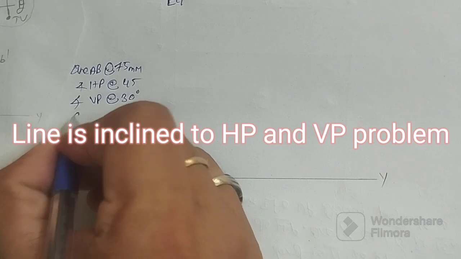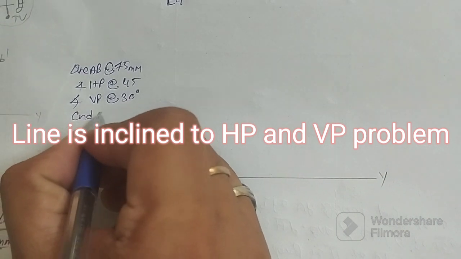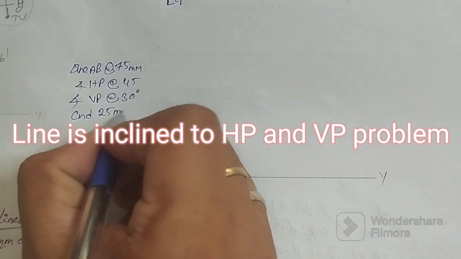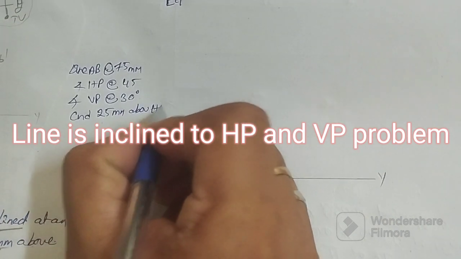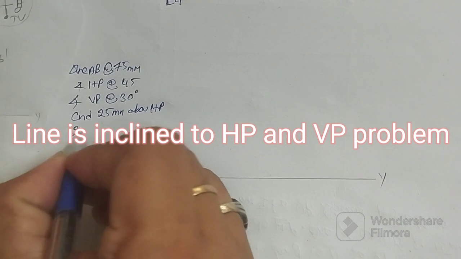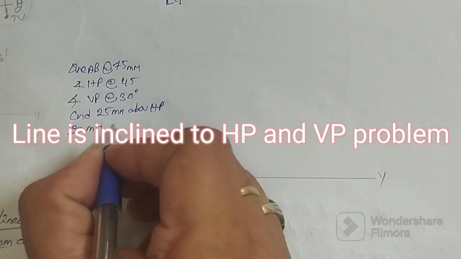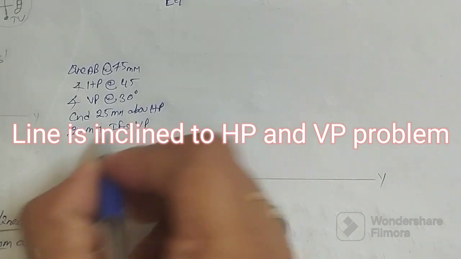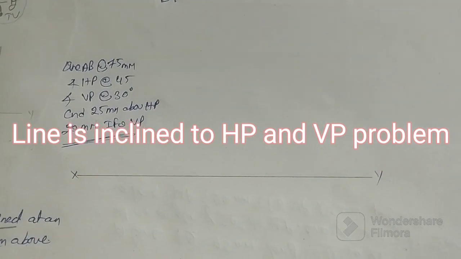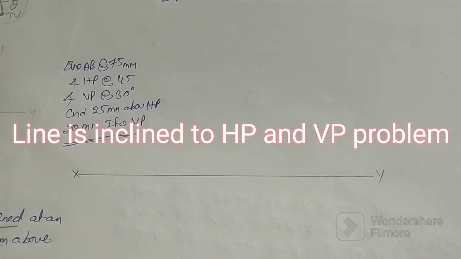Its one end is 25 mm above HP and 20 mm in front of VP. So these are given. With that point we'll begin.